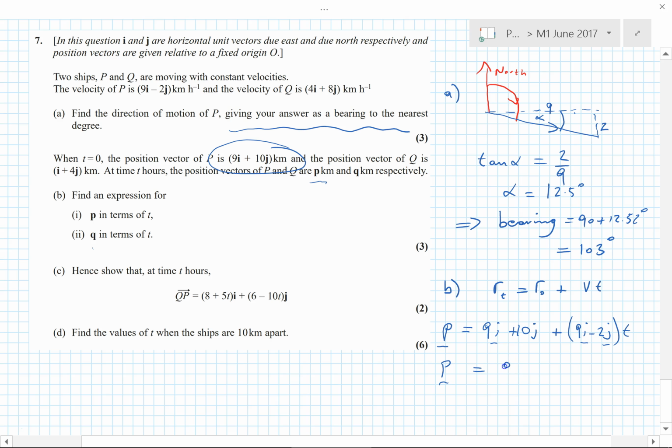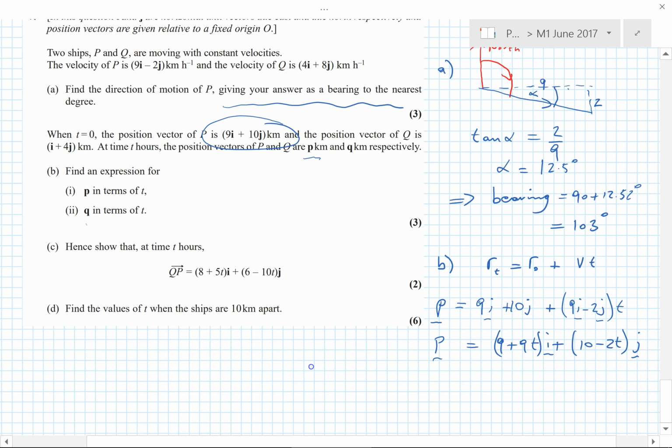So that's enough for the mark, but we're going to need to tidy it up in the next bit anyway. So it's 9 plus 9t i plus 10 minus 2t j for that one.